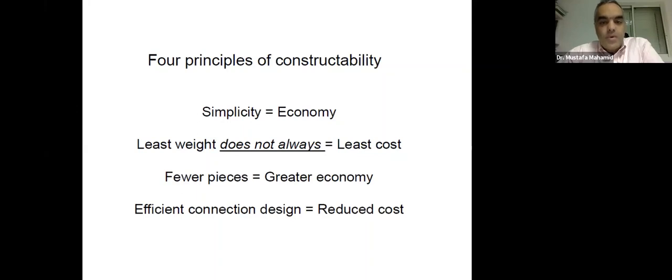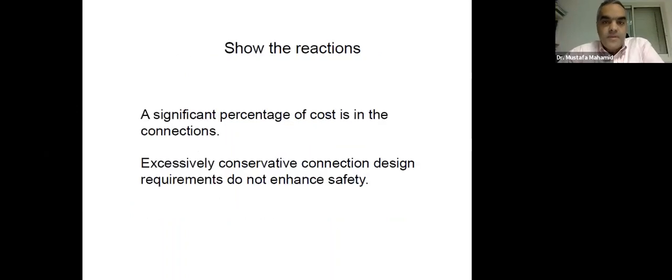Least weight does not always mean least cost, because there is labor also involved. Fewer pieces means greater economy, and efficient connection design means reduced cost. Show the reactions. Now this is very important.